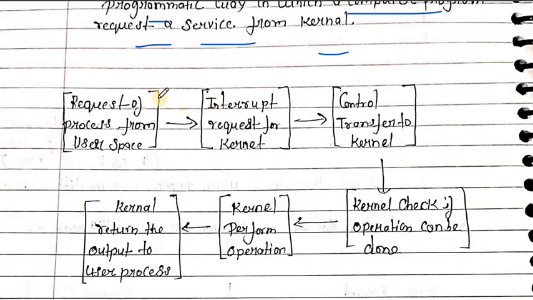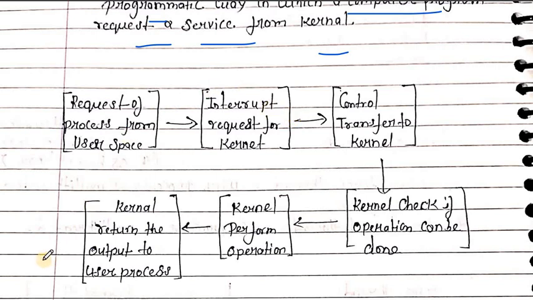Here's the flow. We create a request from user space, an interrupt request for the kernel, and control is transferred to the kernel. As you know, there are two modes, kernel mode and user mode.